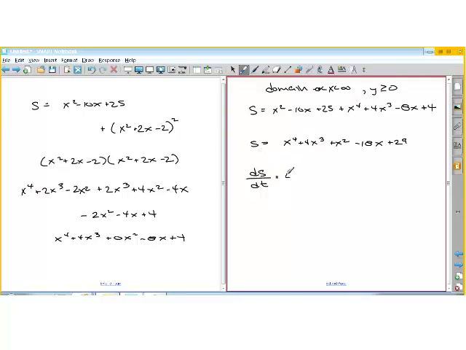So then we take the derivative. You get 4x cubed plus 12x squared plus 2x minus 18. And we set that equal to 0.